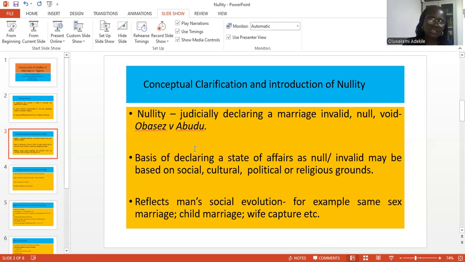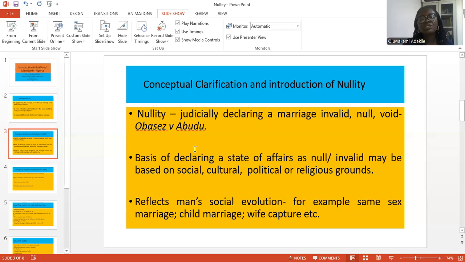What was nullity 20 years ago? What was acceptable may not be acceptable today. You can see it in so many things happening in society today. In the global space, you talk about same-sex marriage, which hitherto was even a crime, not acceptable in most societies, but now has found legal traction in a lot of Western societies.